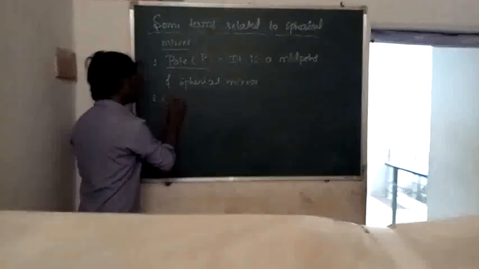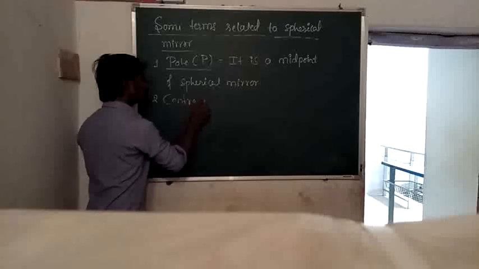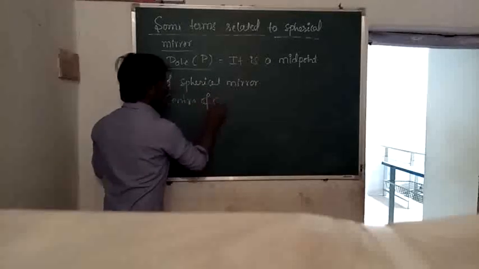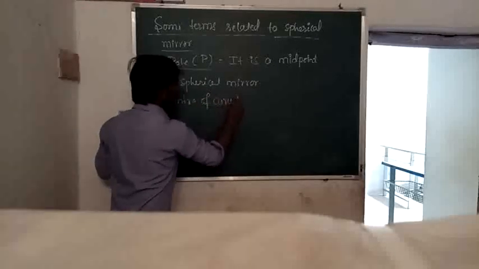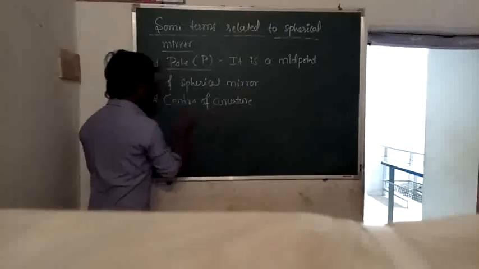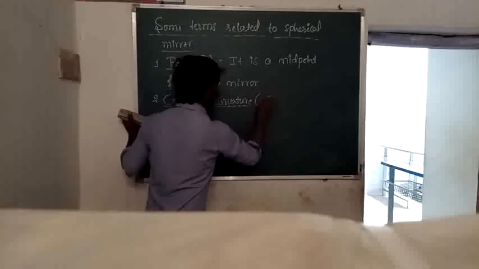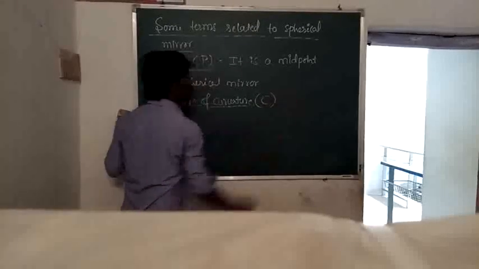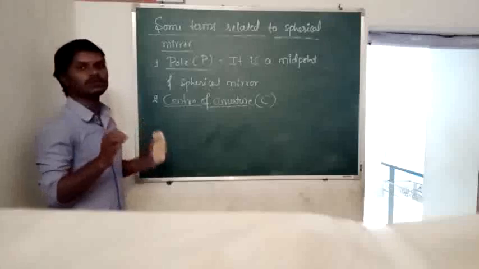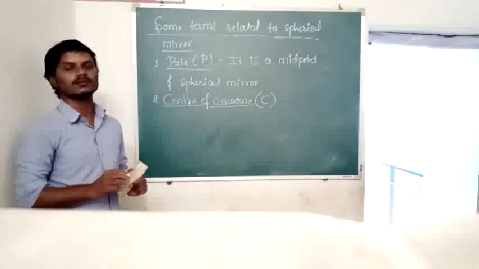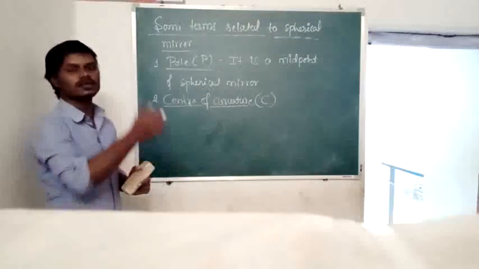The second one is the center of curvature. It is denoted by capital C. It is the center of a sphere which forms a spherical part, meaning a part of the sphere.